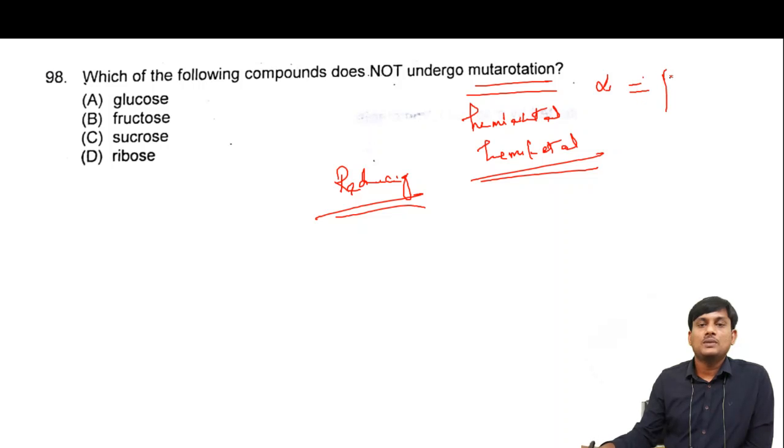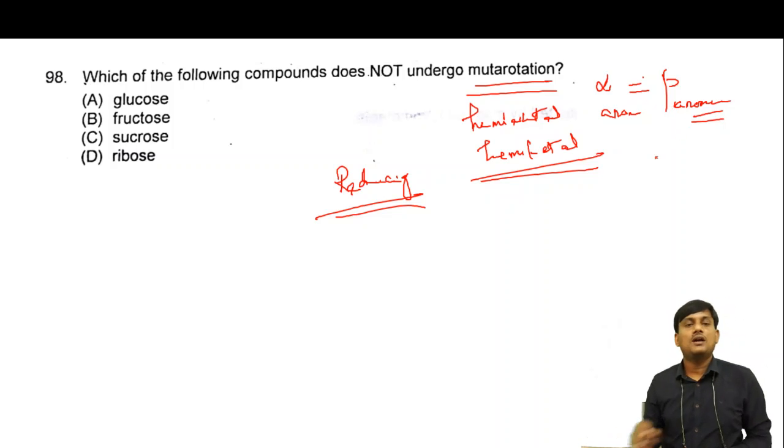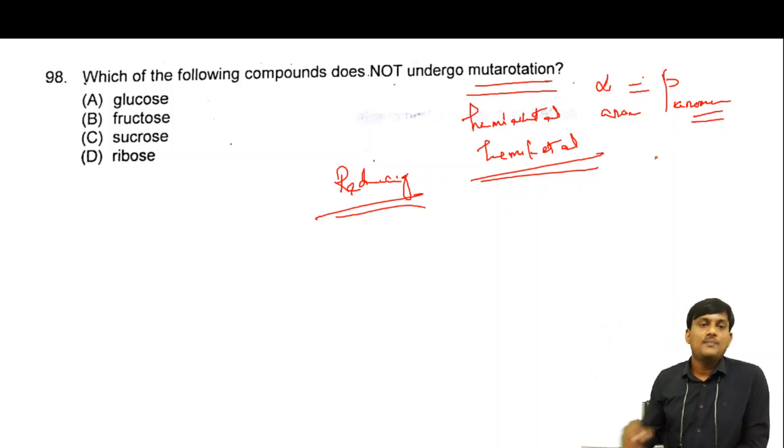When there is an equilibrium between the alpha anomer and the beta anomer, and there is a disturbance of that equilibrium, then there is a change in specific rotation of the solution due to the change in equilibrium position. That property is called mutarotation.